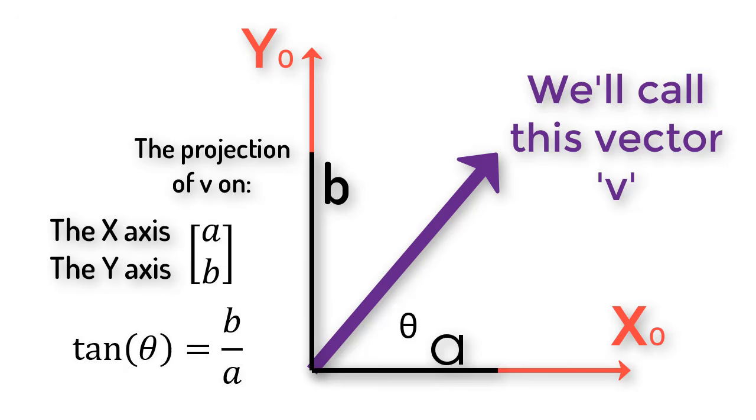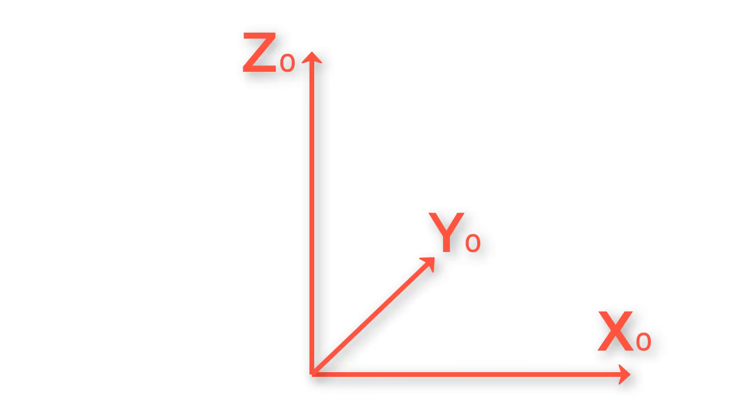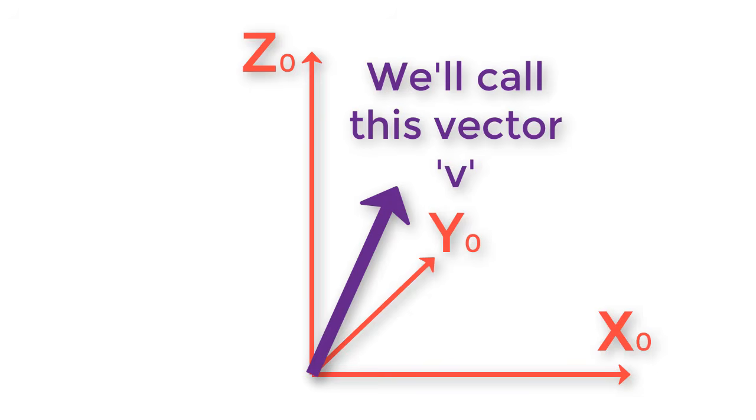Now, in robotics, we are generally not working in 2-dimensional XY space like this. We're actually working in 3-dimensional XYZ space, but this idea of projections works in 3-dimensional space the same way it works in 2-dimensional space.